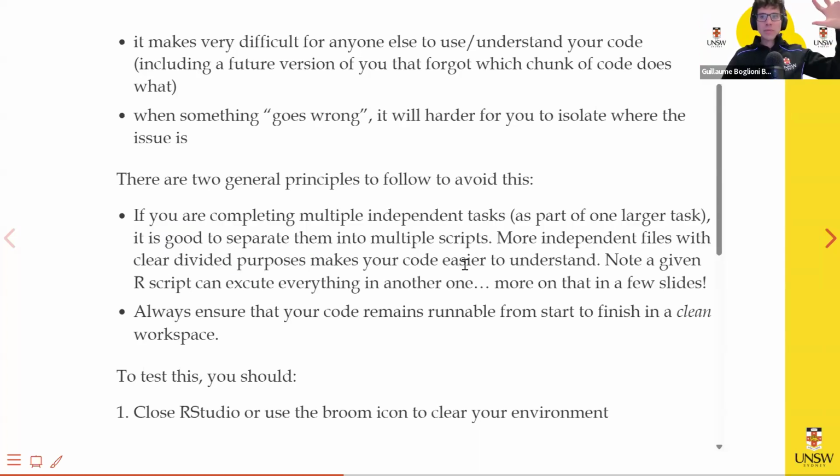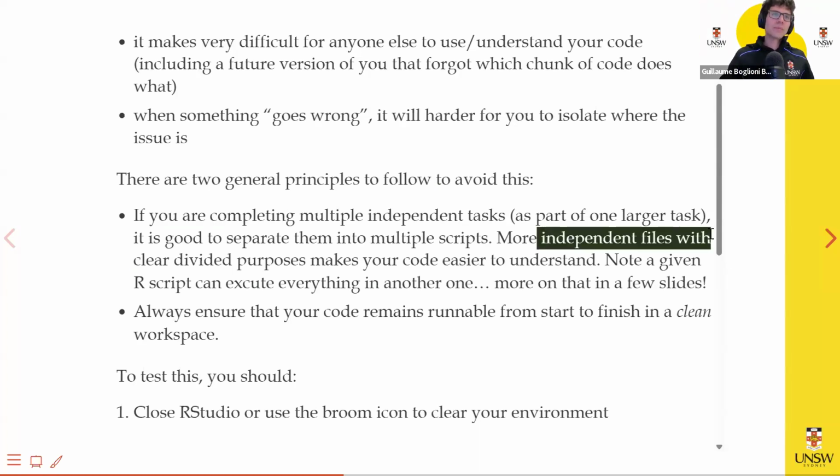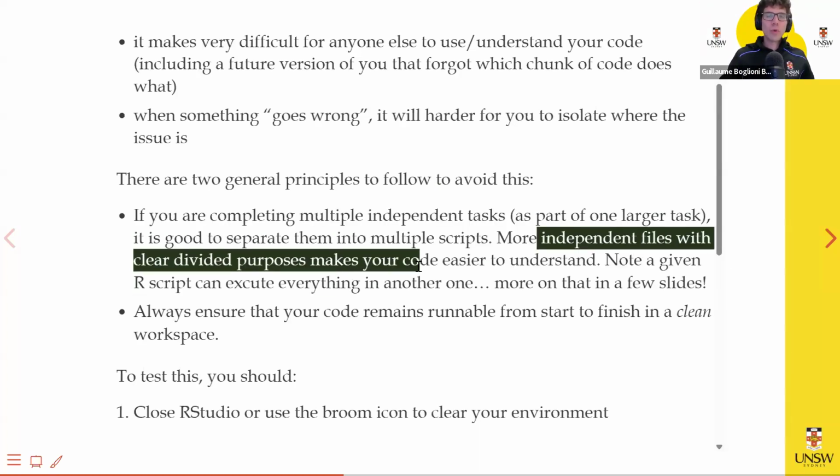This R script achieves exactly this task, or this part of the project. Now another R script achieves another part of the project, and so on. You have different R scripts for different subtasks within a big project. So more independent files with clear, divided purposes make your code easier to understand.